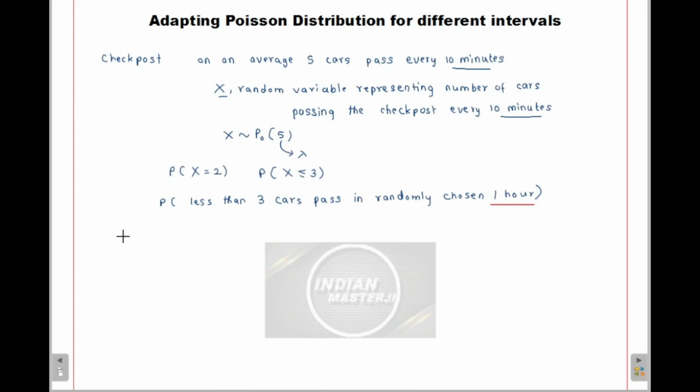Similarly, let's take an example of a metal plate a company manufactures. A metal plate has 2 flaws every 10 meter square area, on an average.